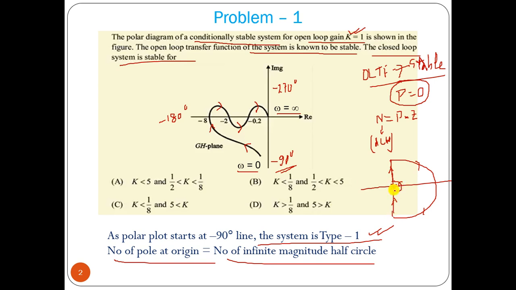Due to this part, we will have infinite magnitude half circles, as many as the type of the system. Here the type is 1, so we must have one half circle.